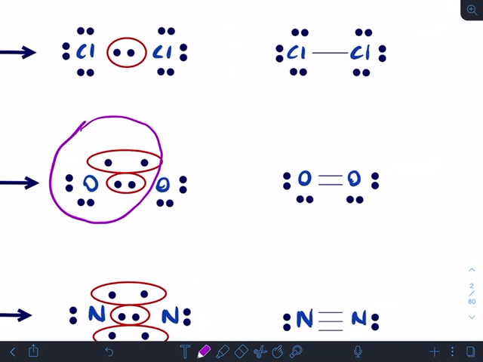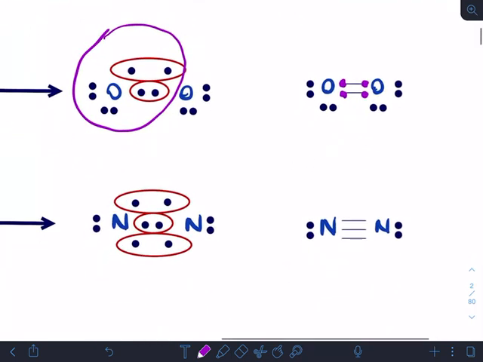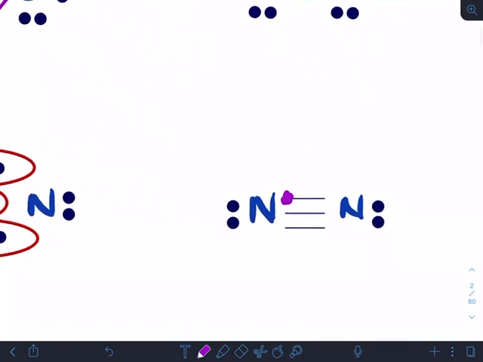Okay? When we show how these electrons are shared, what we do is we draw lines, and each line represents 2 electrons. We can imagine that there's an electron on the end of each one of those lines. So looking at these nitrogens when they pair up, we can imagine that each one of those lines has an electron on each end.